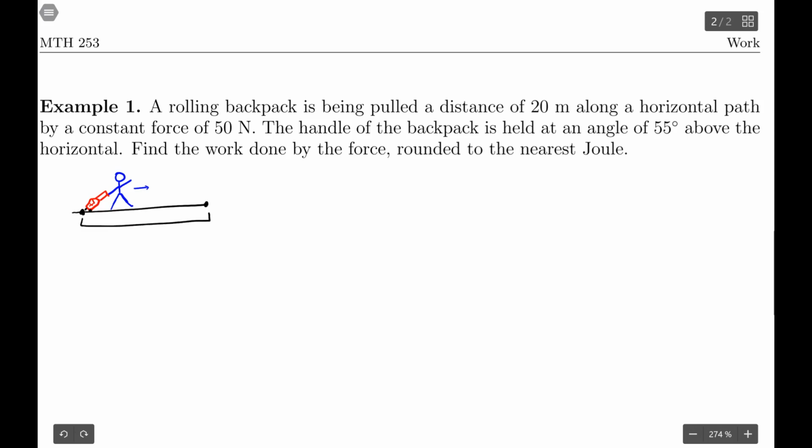We'll say here's 20 meters, and the force is 50 newtons. That's a measurement of how much force there is. So we know that the force is measured in 50 newtons. All right, so if we continue reading, it says the handle of the backpack is held at an angle of 55 degrees above the horizontal.